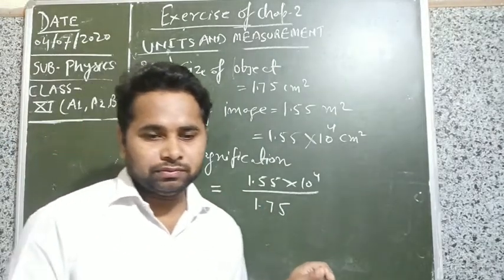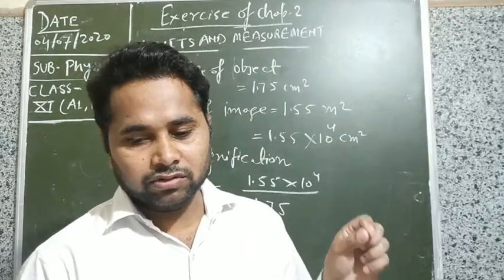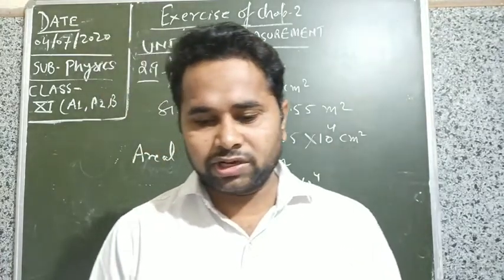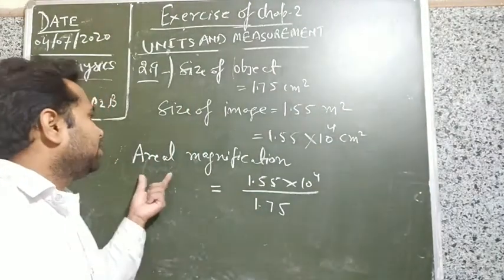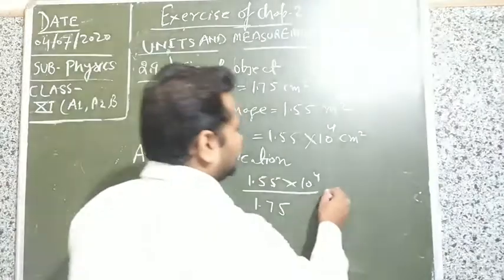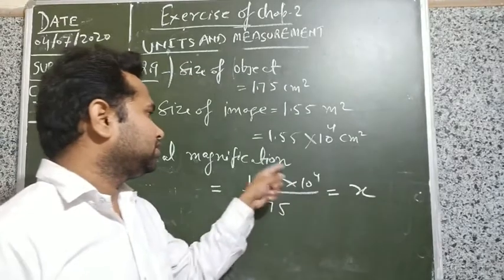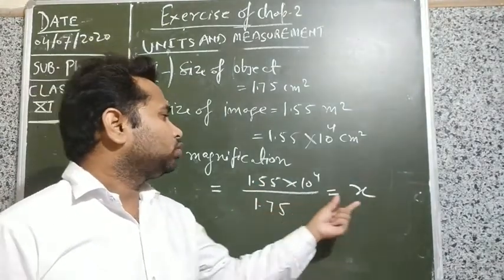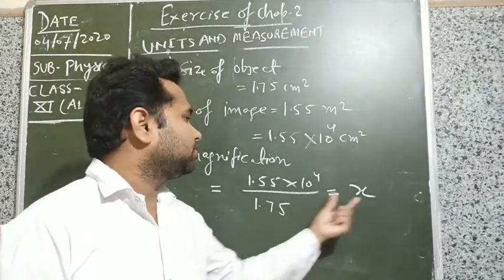But see, in the question, it is about the linear magnification. The question is, what is the linear magnification of the projector-screen arrangement? So suppose by calculation of this expression you are getting x. I am leaving this calculation for you. You can solve it. So suppose the calculation gives you the value of this expression equal to x.